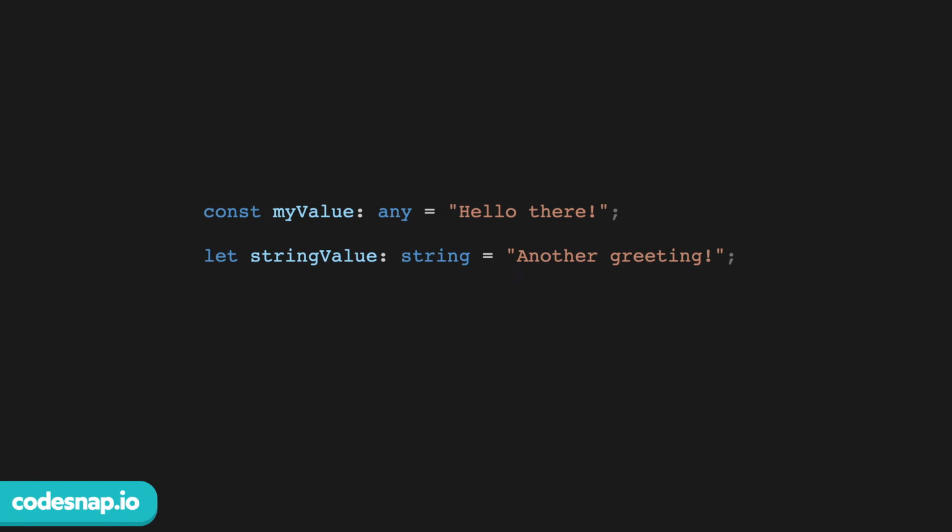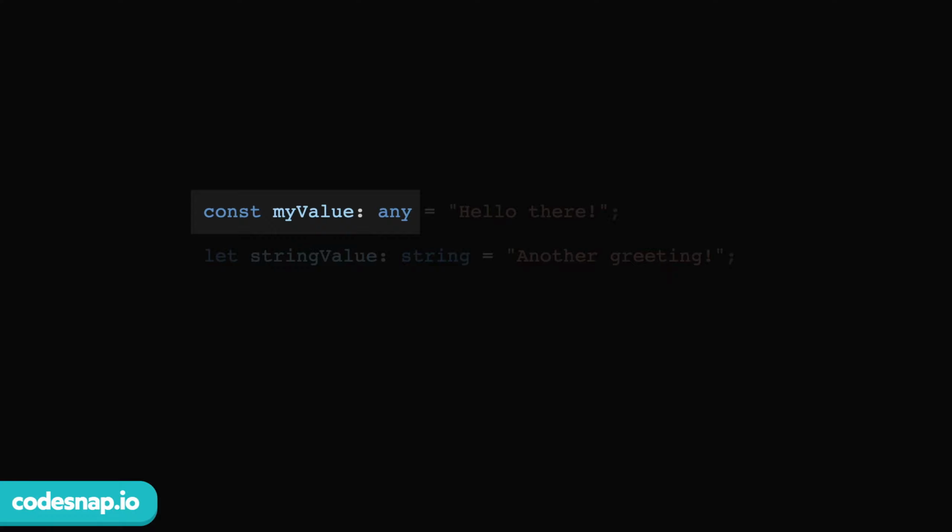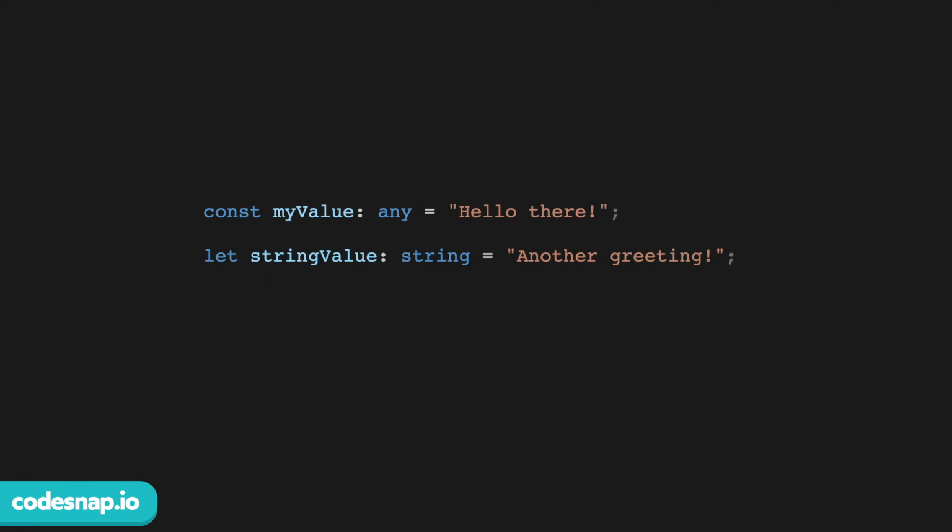Here's an example where we're declaring a constant with the type of any and a variable with the type of string. Because my value is of any type, TypeScript optimistically assumes that this could be a string, and therefore we would be allowed to reassign string value to my value. This code example would make its way through TypeScript's compiler with no errors.